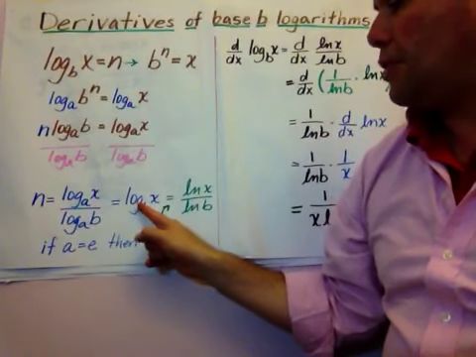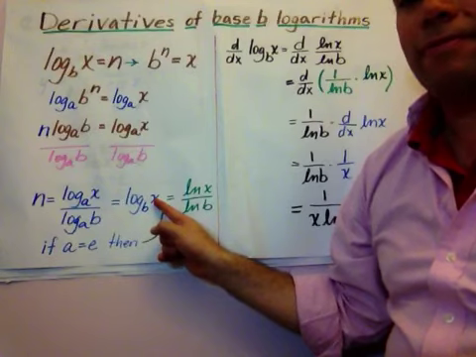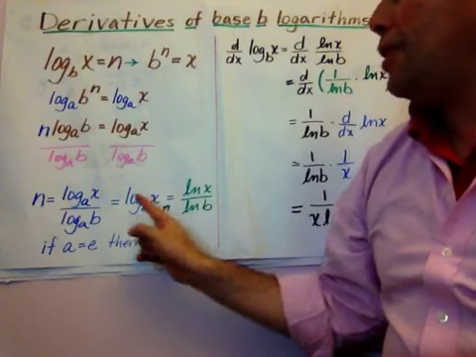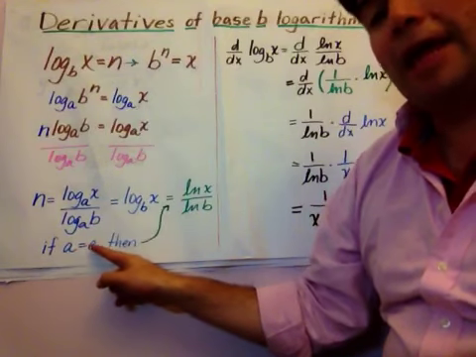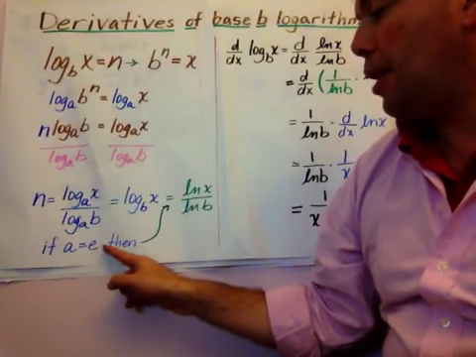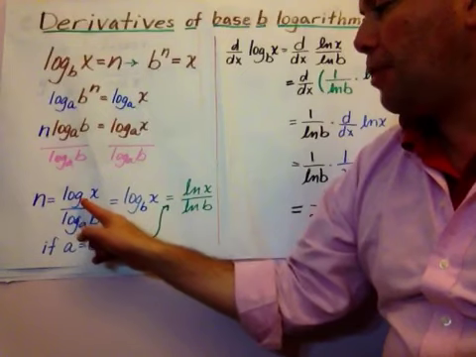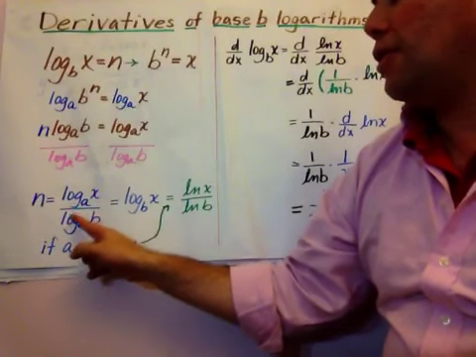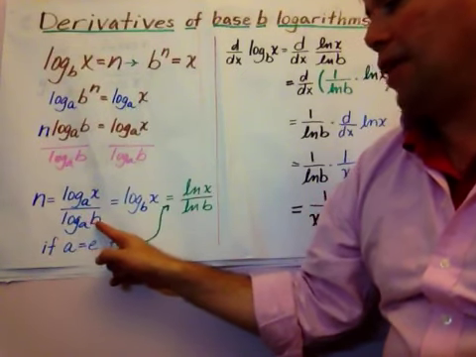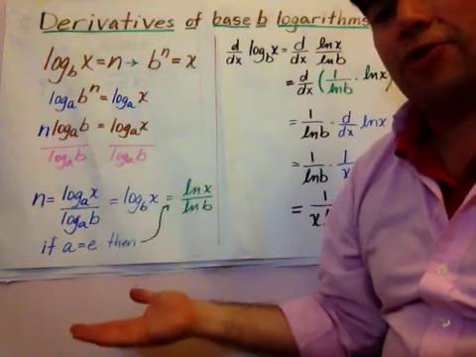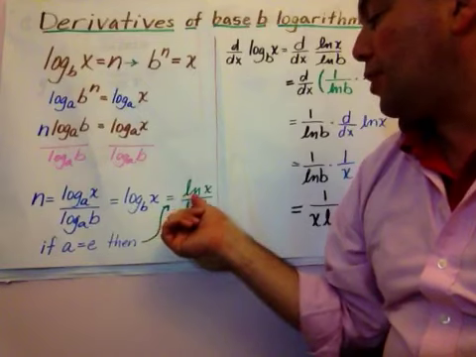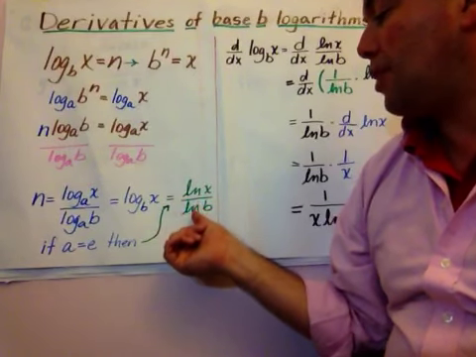So this also equals logarithm base b of x. And in particular, if the value of a that we choose happens to be the number e, Euler's number, then we have logarithm base e of x over logarithm base e of b, which is, of course, the natural logarithm. Natural logarithm of x divided by natural logarithm of b.